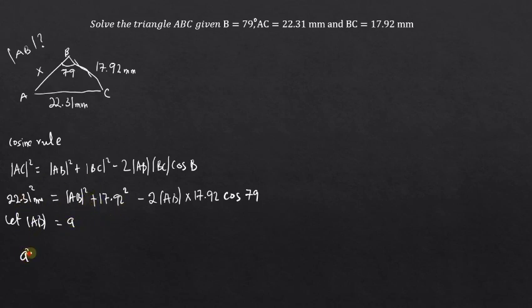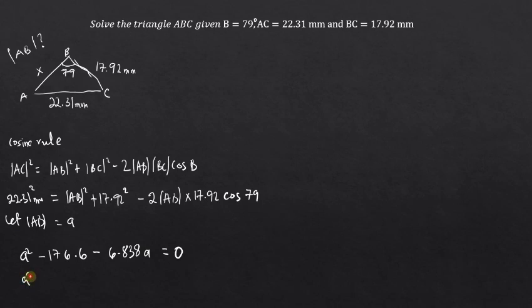So I have a squared minus 2 times 17.92 cos 79, which gives 6.838 a, and then minus 176.6, and this will be equal to 0.